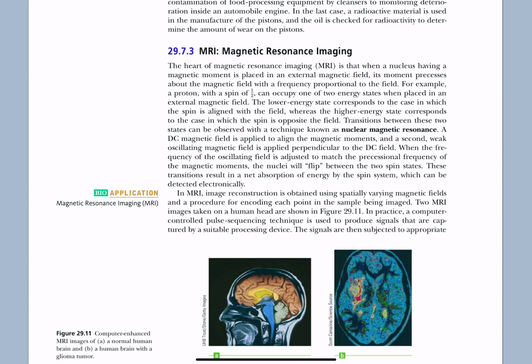And as a result of these nuclei, that's where the word nuclear magnetic resonance imaging comes from, you're able to image soft tissue, not just bones, which is all X-rays are good for.